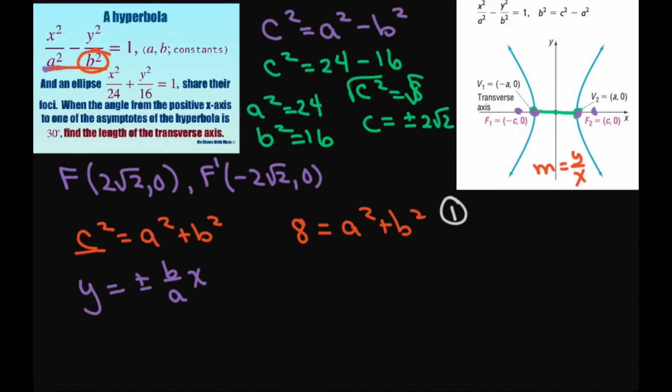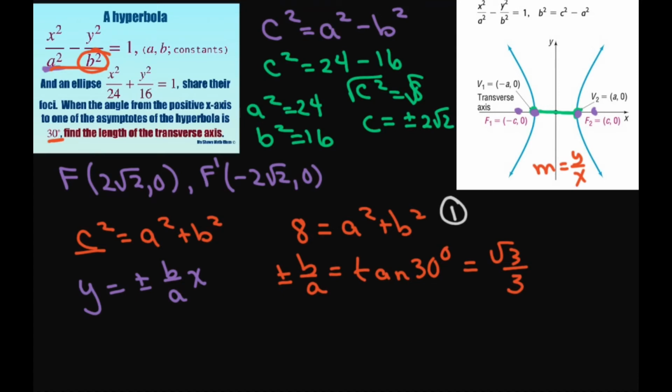So there are your equations of the asymptotes, and therefore the slope is plus or minus b divided by a. Now the slope is always your tangent, so that's going to equal tangent of 30 degrees, and tangent of 30 degrees is square root of 3 divided by 3.